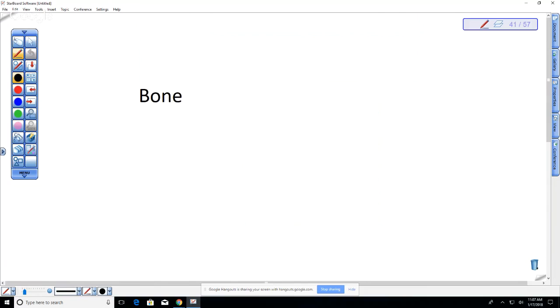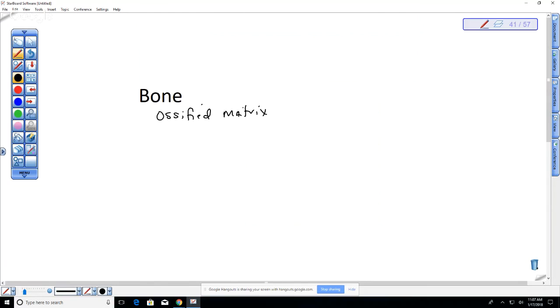So we're going to talk about bone a little bit today, and bone is another type of connective tissue, obviously, but it is ossified. So we have an ossified matrix. What that means is that the matrix becomes more solid and hard, and the bones are more brittle than cartilage.